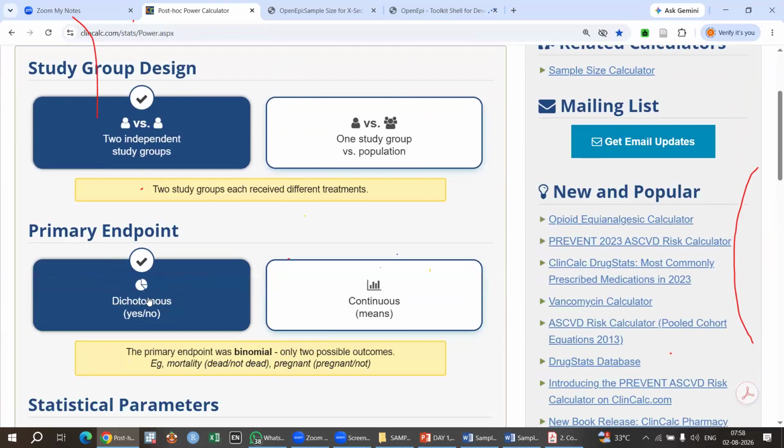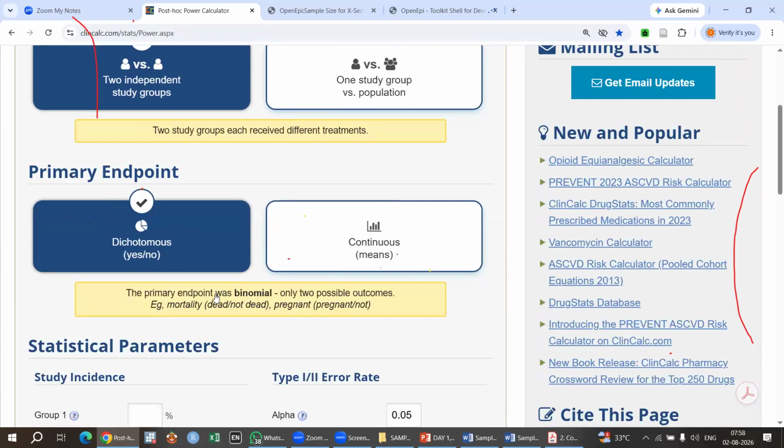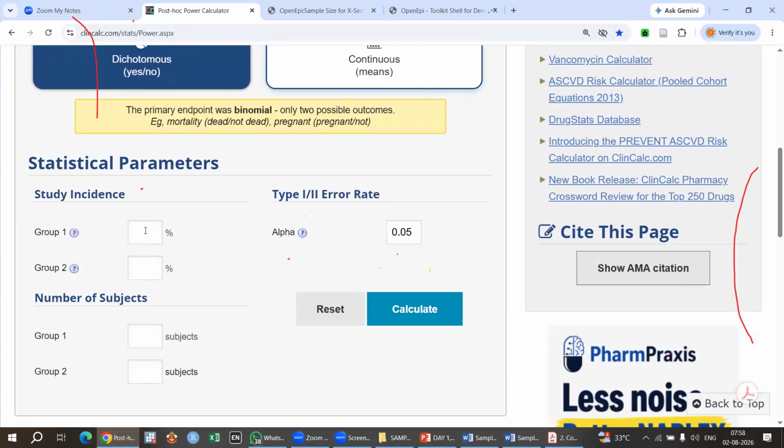Our primary outcome is dichotomous, or even continuous, there is no problem. So dichotomous, click this. Then here, our study incidence. Suppose we have conducted the study and we got our result.